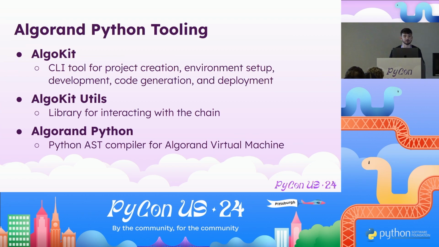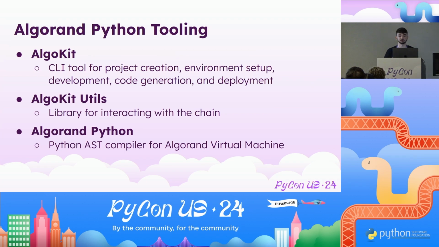Our premier entry point into the Algorand developer experience is this package called AlgoKit. It's a CLI tool for project creation, environment setup, actual development, code generation, and deployment, right? So you don't have to manually fiddle with VMs and make sure you got all your dependencies set up. You can just use AlgoKit to do all that for you.